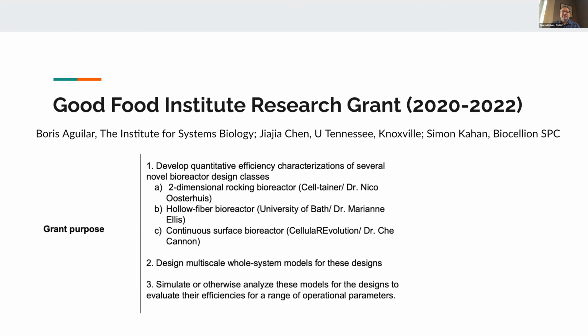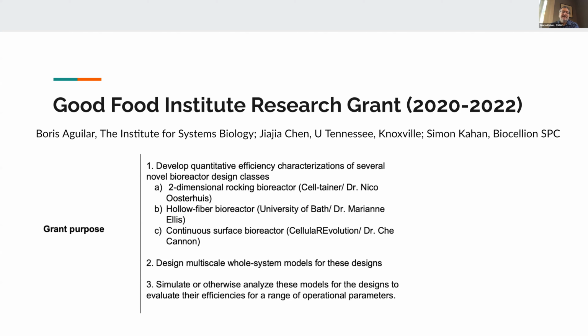So that was the proof of concept. That was this past six months of work for our little team, sponsored by Merck. And going forward, in addition to Merck's continued sponsorship, we have a grant from the Good Food Institute to look at novel designs, not necessarily stirred tanks, but we propose to look at rocking bioreactors, hollow fiber bioreactors, continuous surface bioreactors, and see how our pipeline needs to change for those.